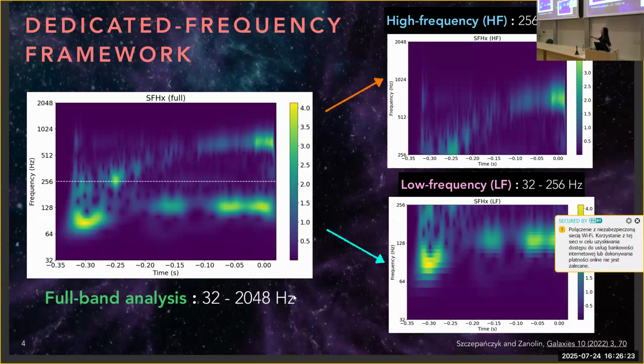This is just a single example, the SFHX signal, the 15 solar mass model, S15, you may have heard of before. We're slicing it into a high frequency region and a low frequency region, and we're constraining this low frequency between 32 hertz and 256 hertz. 32 hertz, because anything below that has too much noise in the noise floor, so we don't really trust much of that. That's why we constrain it to this band.